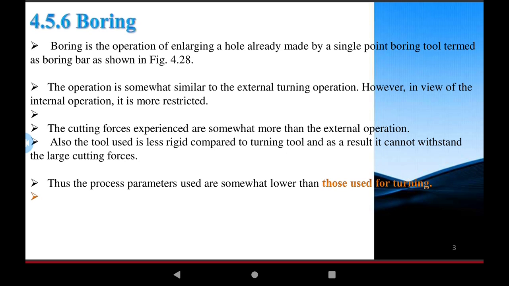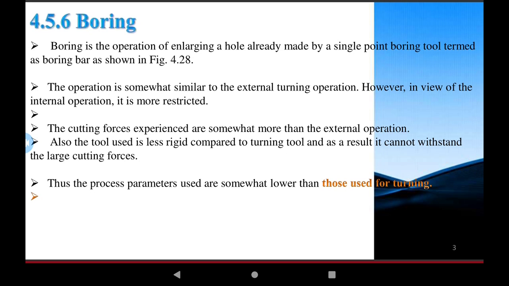Turning tools are performed on the surface, while boring acts on the internal diameter of the holes, and as a result it cannot withstand the large cutting force. The tools are also used for large diameters.